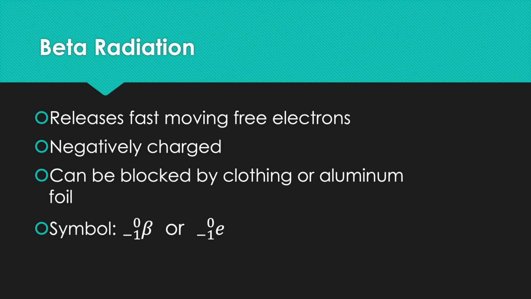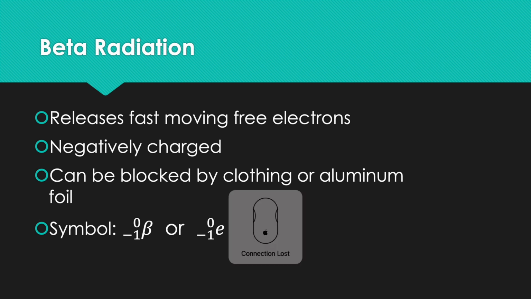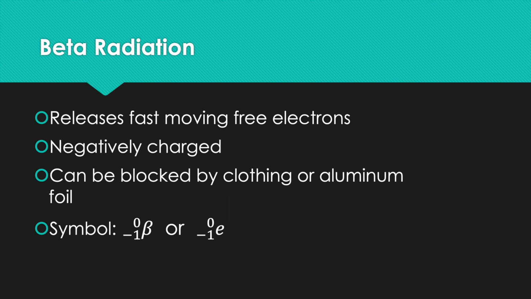The symbol that we use for beta radiation, we give it a mass number of 0 because electrons are so tiny that they essentially have no mass. And then we give them an atomic number slot of -1. Because part of what happens during beta radiation is that there is an increase in the atomic number of the daughter nucleus.